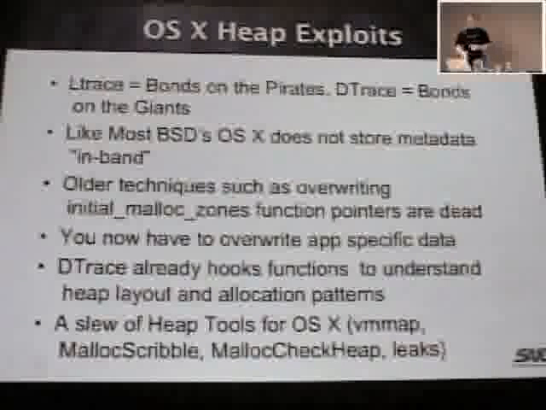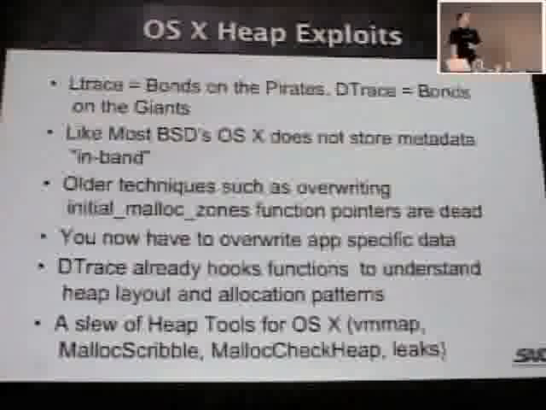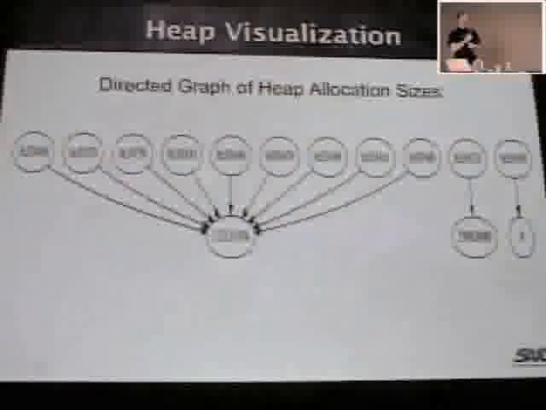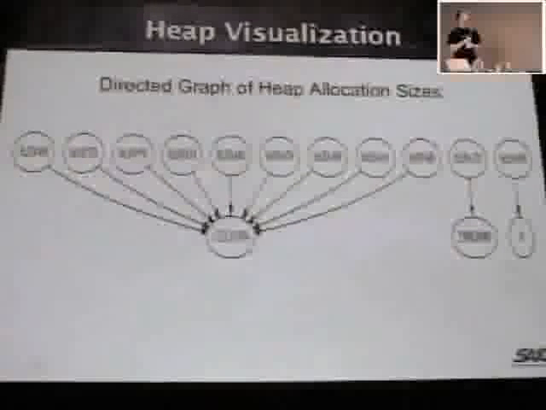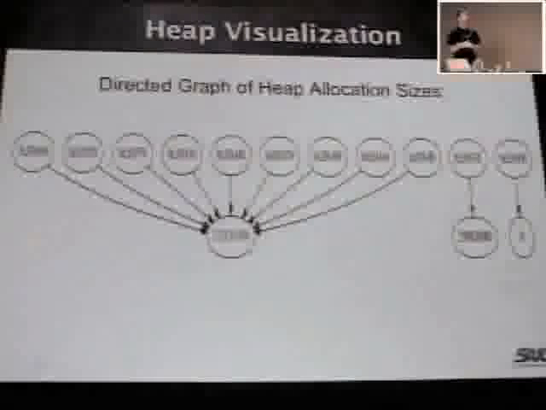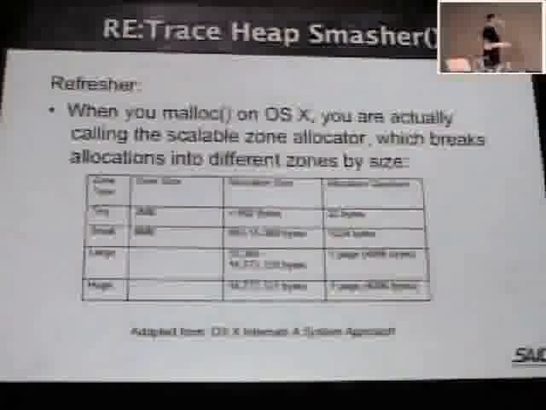So, for instance, we can hook the malloc functions in OSX. There's actually a bunch of different ones, right? And we can find out something like this, where these are sizes. Each malloc at this address is allocating a memory space this large, or this large, or this large. That's because on OSX, there are actually 4 different heaps of different sizes.